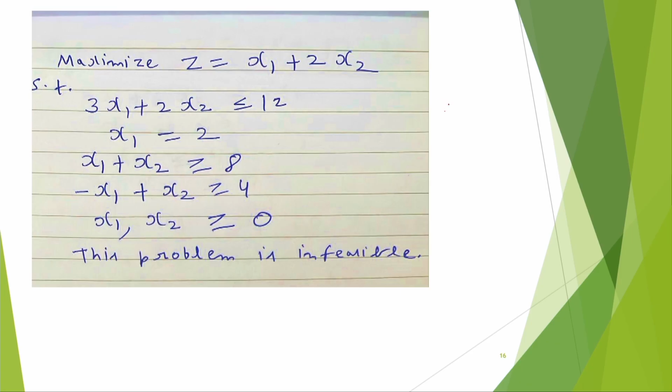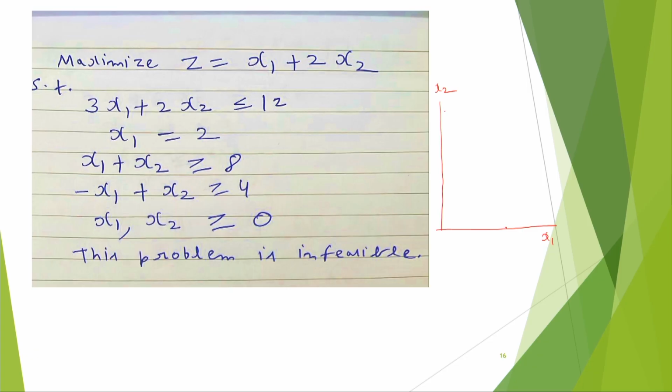So let us say graphically, if I plot, this is x1, this is x2, and this is z is equal to x1 plus x2, such that 3x1 plus 2x2 is equal to 12. How should I draw that? Suppose I make a line 3x1 plus 2x2 is equal to 12.